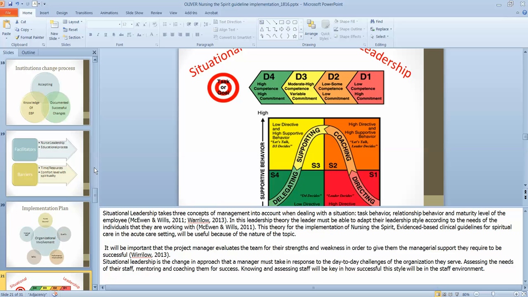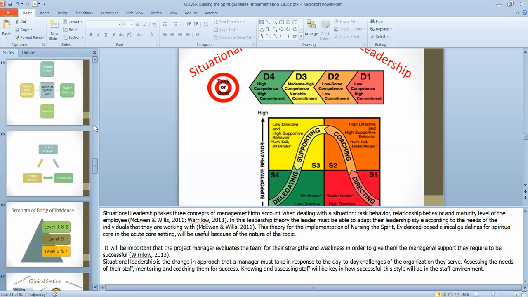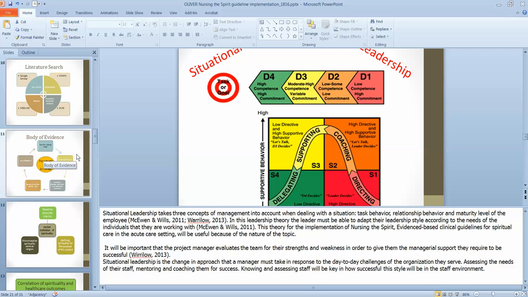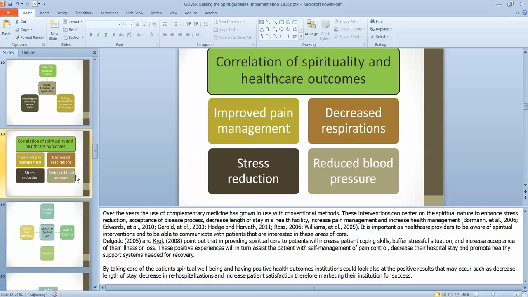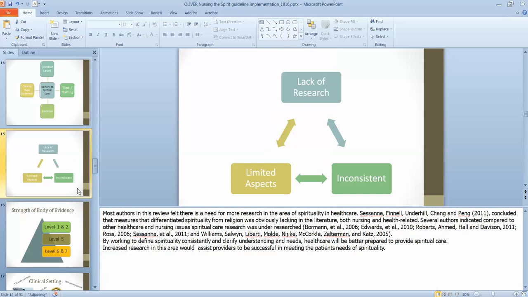And let's see where that would be. Body of evidence would be before. Here it is, where you put the body of evidence. The literature search, the body of evidence, and I just don't see the summary table anywhere. So you need to add the summary table.